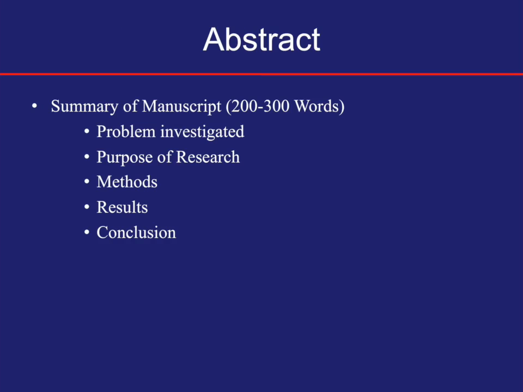The abstract should be short, maximum 300 words: 1 or 2 sentences on the problem investigated, 1 on the purpose of the research, then brief methods, an adequate number of results, and a short conclusion.